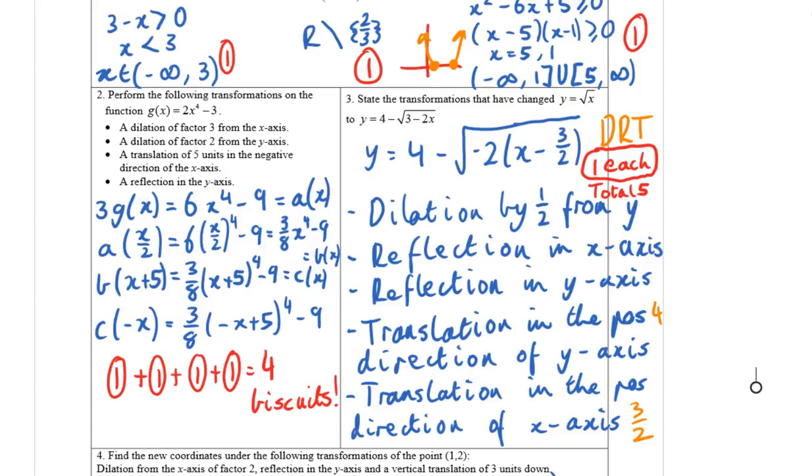So our first one is a dilation by a half from the y-axis. Then we've got a reflection in the x-axis and a reflection in the y-axis, so there are our two negatives. Then a translation in the positive direction of the y-axis of 4, and a translation in the positive direction of the x-axis of 3 over 2. So stating all those transformations effectively is obviously really important.